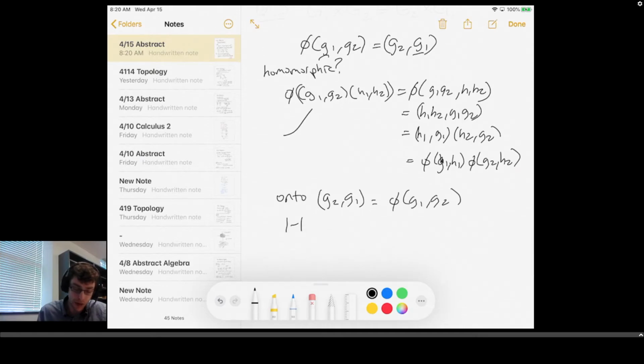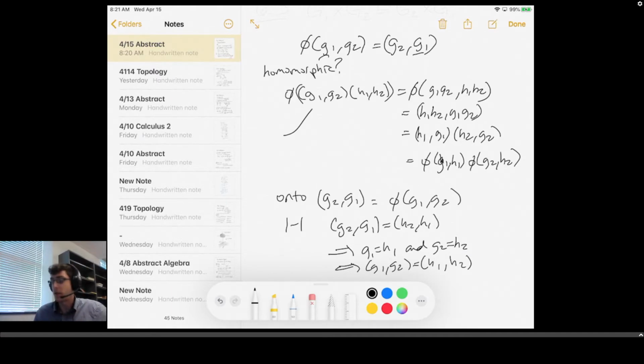If these two things are equal, then you would get that (g2, g1) equals (h2, h1), but this just means that g1 equals h1 and g2 equals h2. So (g1, g2) is the same as (h1, h2). Right, so it's fairly straightforward.